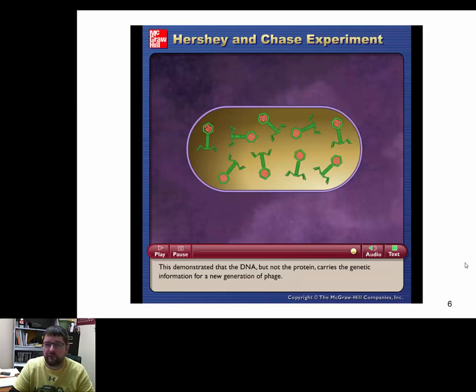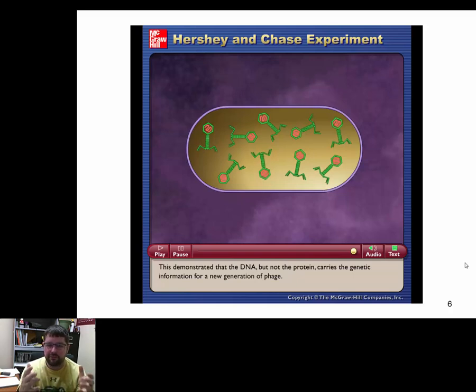The other thing that this experiment really gave us was this ability to radioactively label pieces for molecular biology. We do it now for lots and lots of things. So if you're going to insert a gene into a bacteria to try to get it to replicate that gene, you want that bacteria that has the gene to glow.